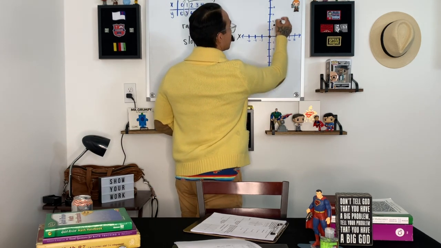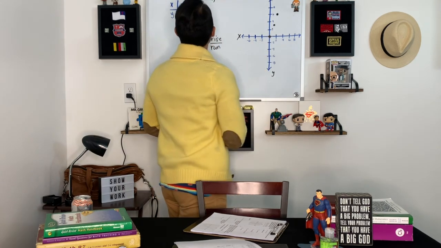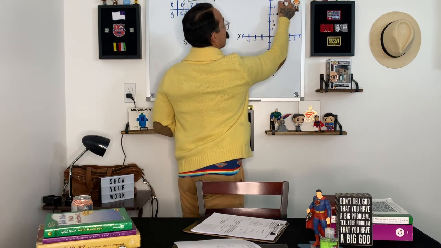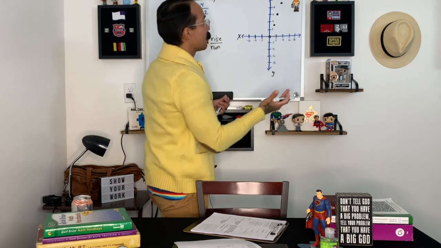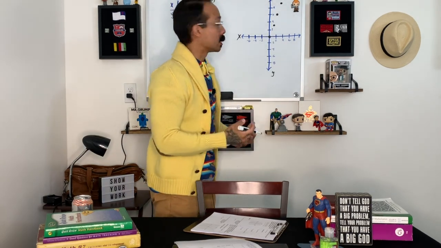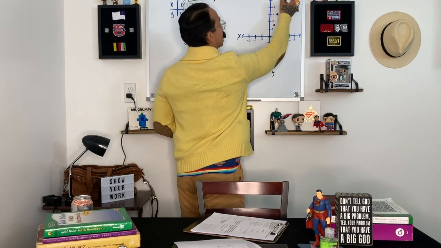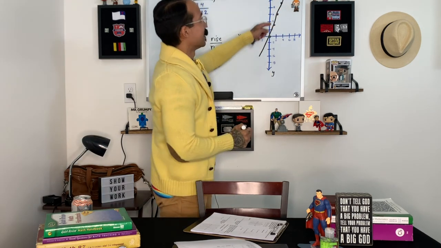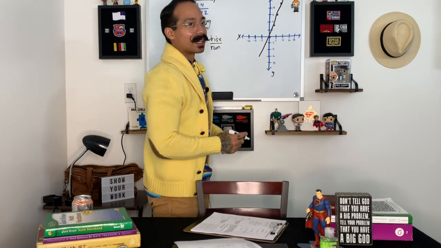And 2 here, 6 here. 3, 9. 3, 9 up here. And already I have enough points that I can go ahead and take a straight edge and connect the dots here. And hopefully, again, yours will be straighter than that. So that's question number 1.